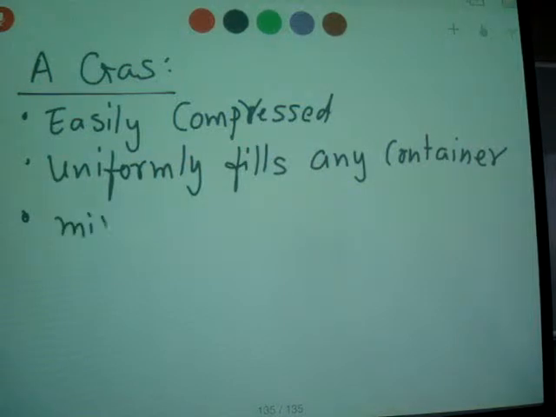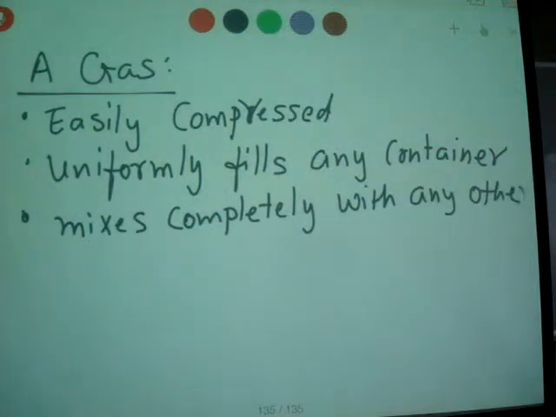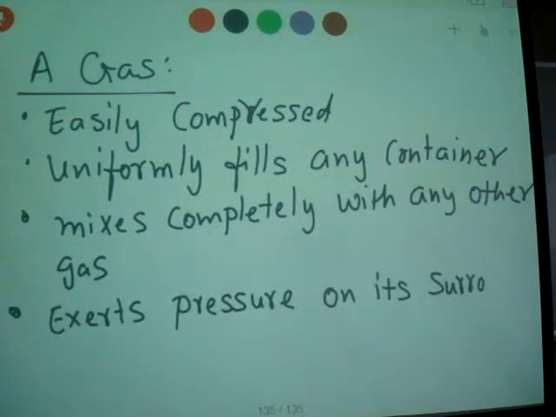So it mixes completely with any other gas, and what else? It exerts pressure on its surroundings. So these are gas properties.